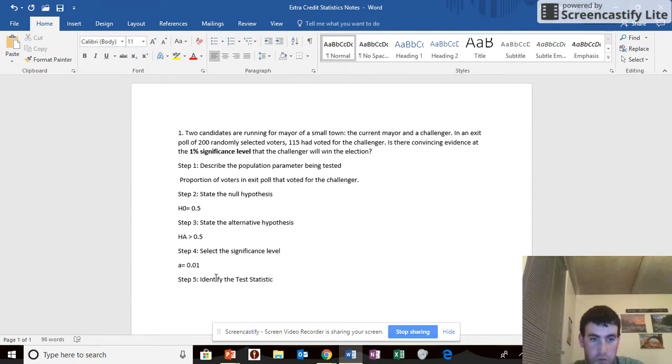For proportion, it will always be this z value, which equals p hat minus p0, where p0 is the hypothesized proportion, divided by the square root of p0 times 1 minus p0, divided by n. That's the formula you use to actually calculate this z value.